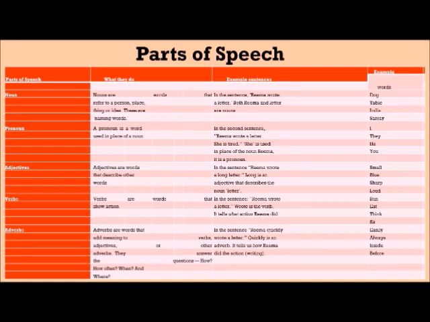Nouns are the words that refer to a person, place, thing, or idea. These are naming words. For example, Ram, Delhi, etc. A pronoun is a word used in place of a noun. For example, he, she, etc.